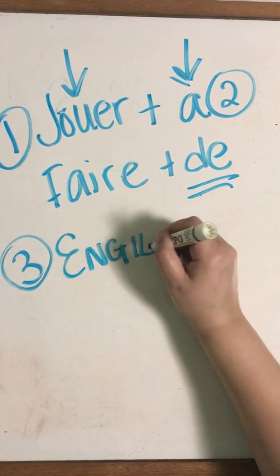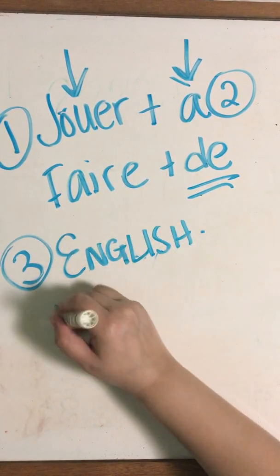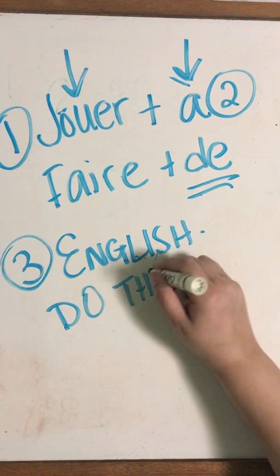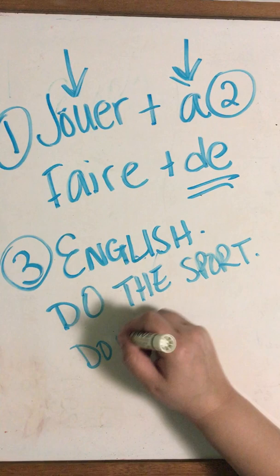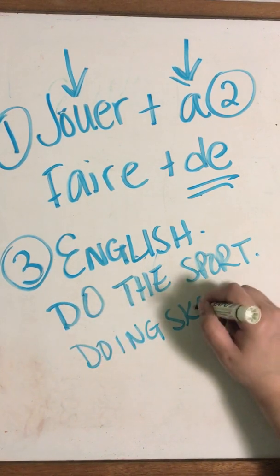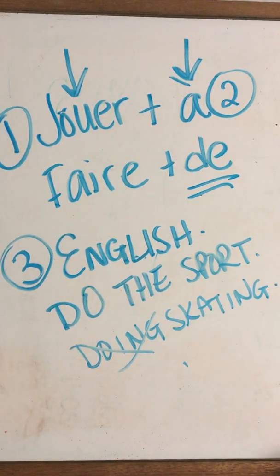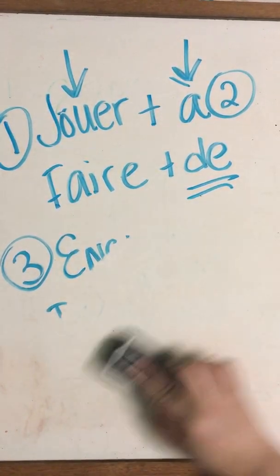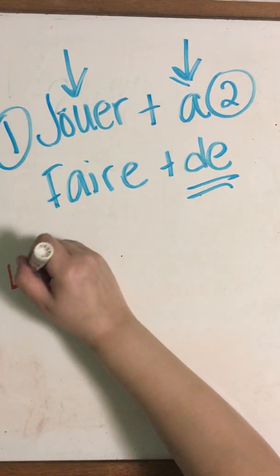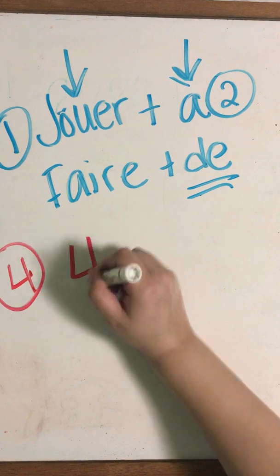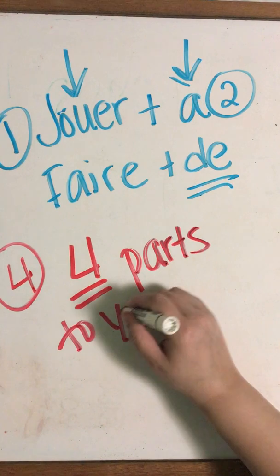in English, if I could spell English, we don't do the sport, so we're not doing skating, okay? We're just skating. And part number 4, there are 4 parts to your sentences.